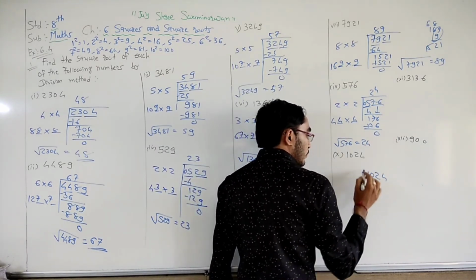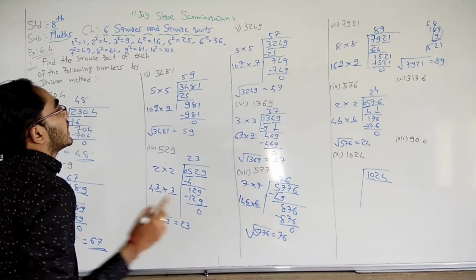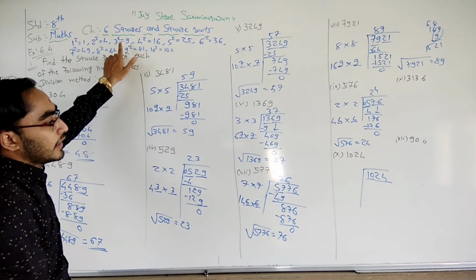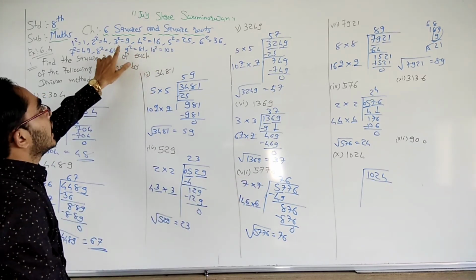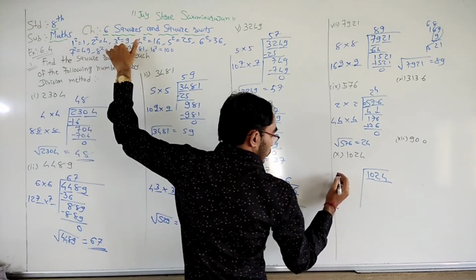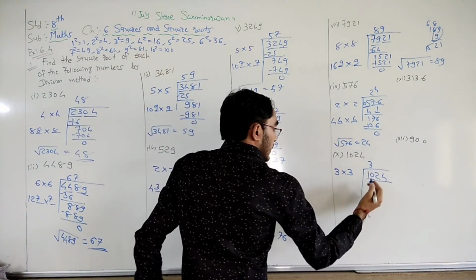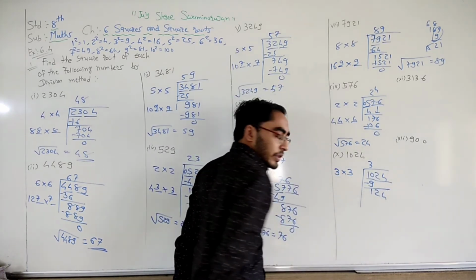So make pairs of 2 digits. First of all we have 10. Now this 10 lies between 9 and 16. Out of that, the smaller number is 9. So 3 3s are 9. Now 10 minus 9 is 1. This 24 comes here.